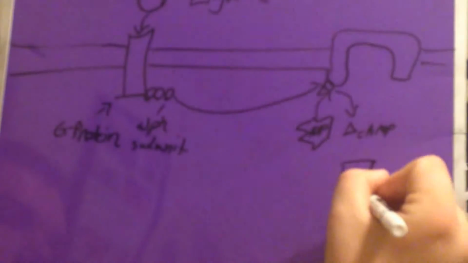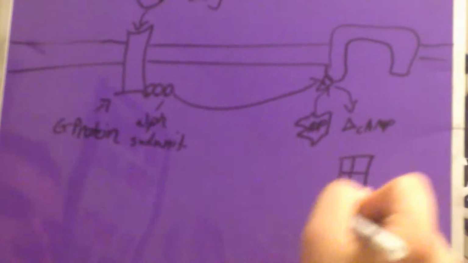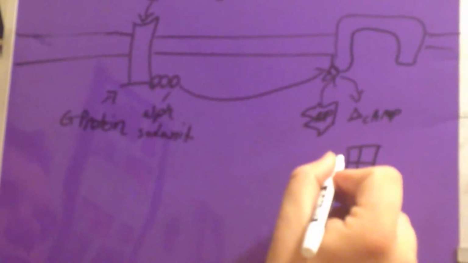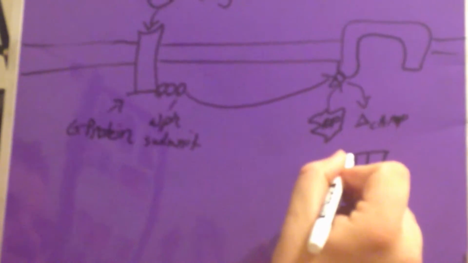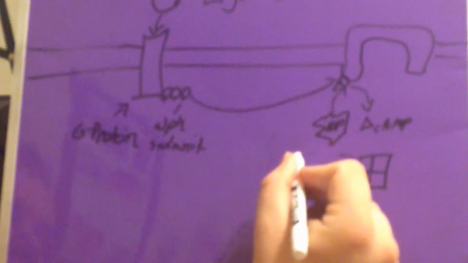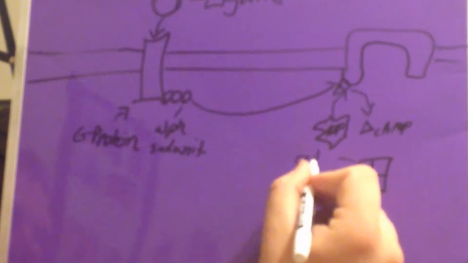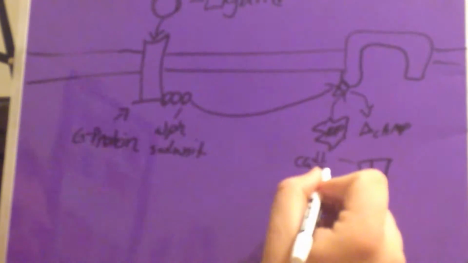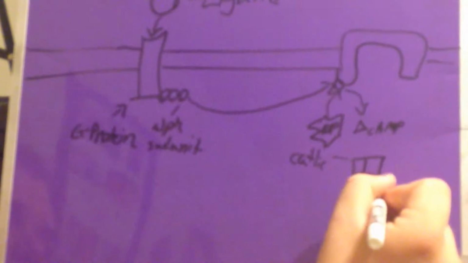And what they will do is they will connect to this protein inside the cell, which has two sides to it. One side is the catalytic side. I don't think I spelled that right, but it's okay.